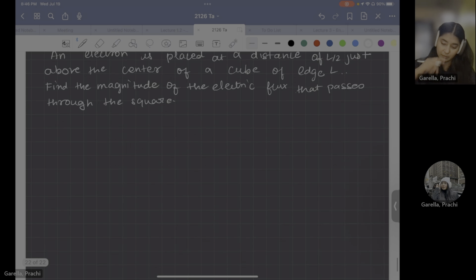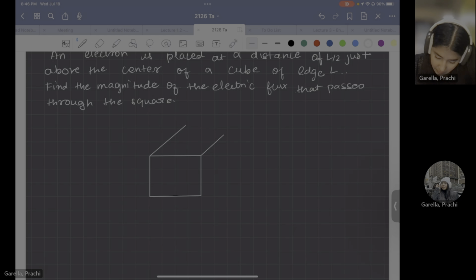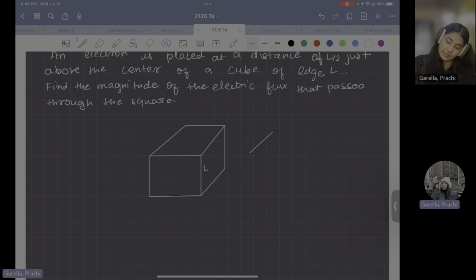Okay, so again, like last time, we will draw how that looks. Now we have a cube. Now this is L, all the edges are L, and let's just take that this is the center.